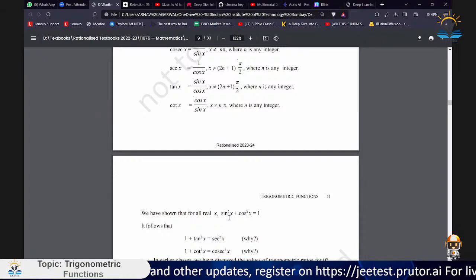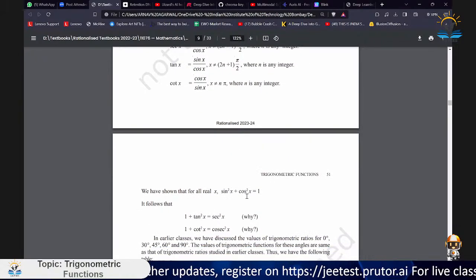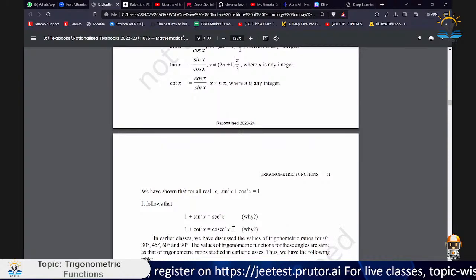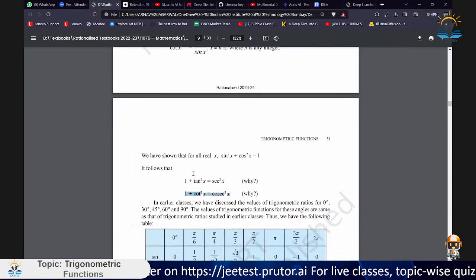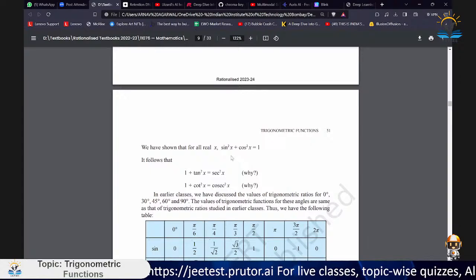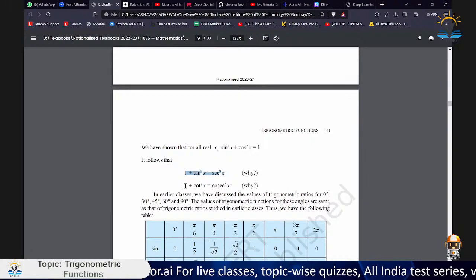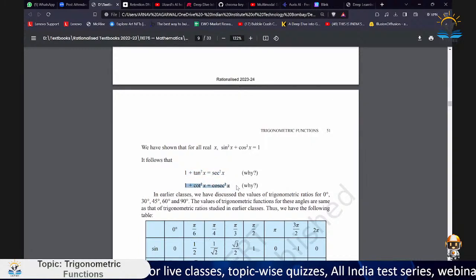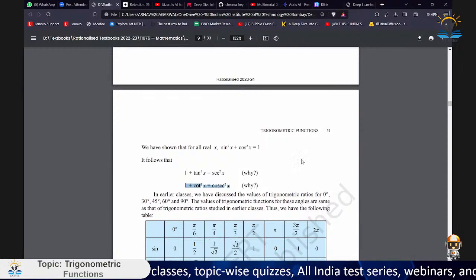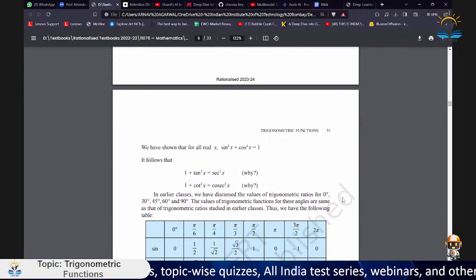If we divide this equation by sin square x, we get 1 plus cot square x is equal to cosec square x. You also need to remember these both. So these three identities: sin square plus cos square is 1, 1 plus tan square is sec square, and 1 plus cot square is cosec square. You need to remember this, okay? You cannot forget these values.